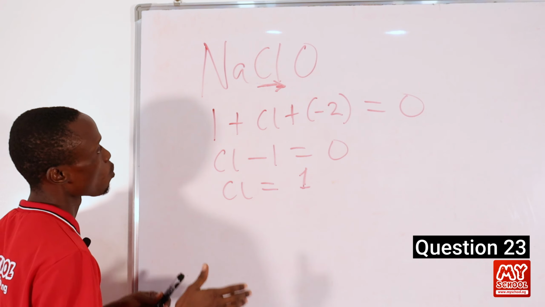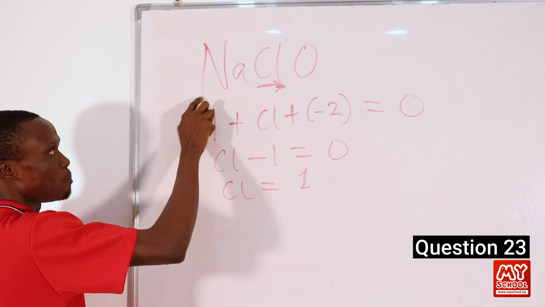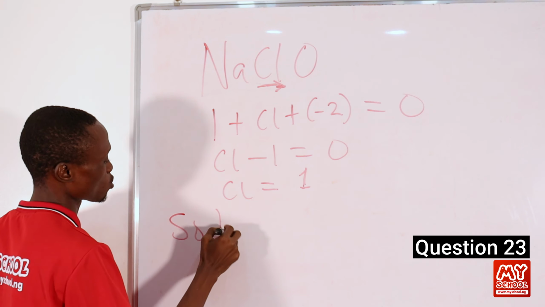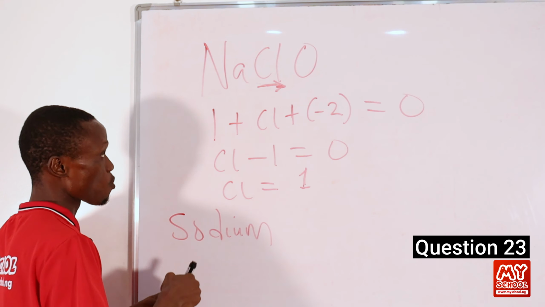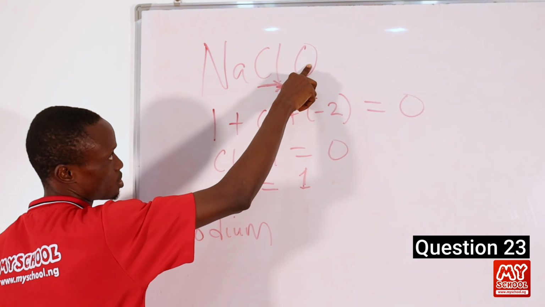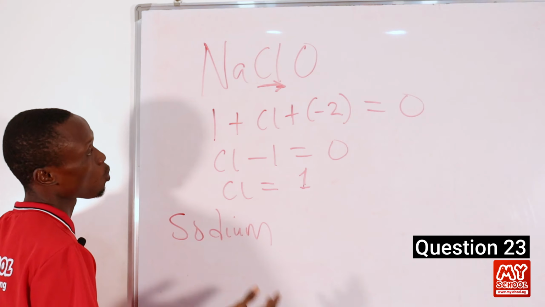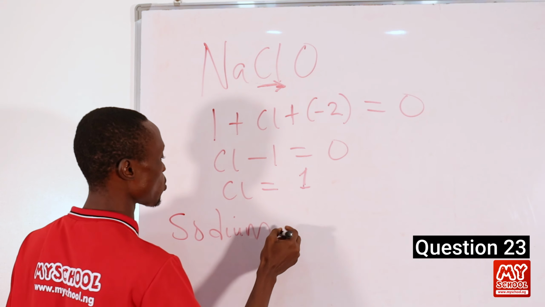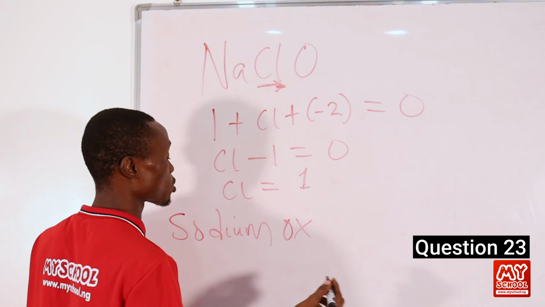So let's name it. When you are naming, first of all, start with the metal here. The metal we have here is sodium. Then you move down to the last part of the compound. The element we have here is oxygen, and we only have 1, so you can go mono-oxo, or you can just go oxo. In this case, let's go oxo, depending on the option that we have on the screen.